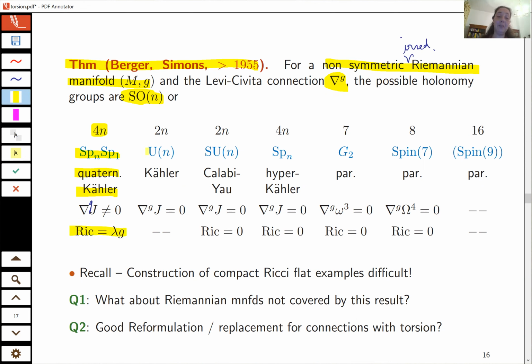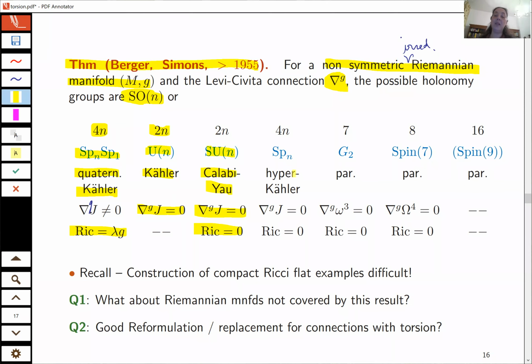We have Kähler manifolds corresponding to holonomy U(n) in even dimension. In particular, the two form defining the Kähler structure is parallel for the Levi-Civita connection. Then we have the even more special case of Calabi-Yau manifolds with Riemannian holonomy SU(n), which are Kähler and also Ricci flat.